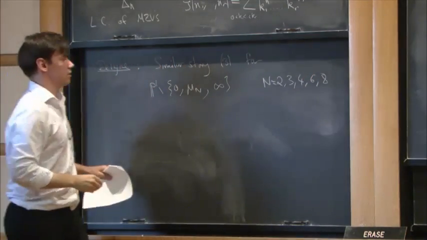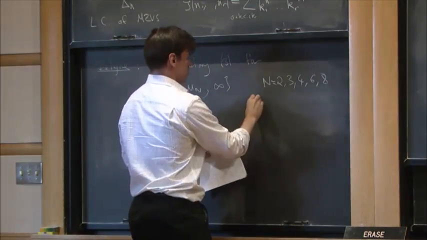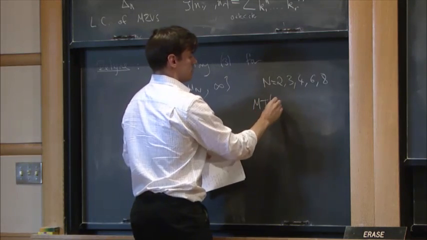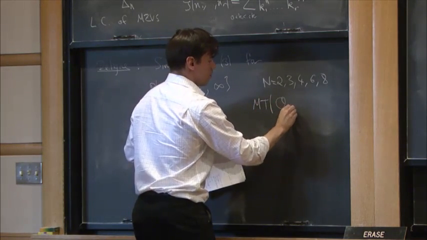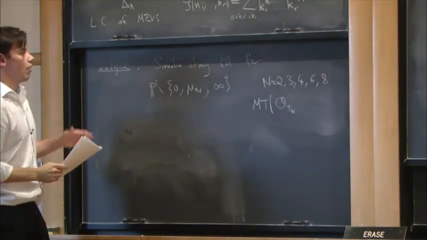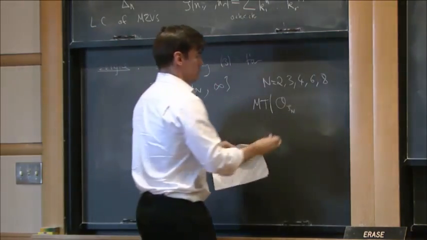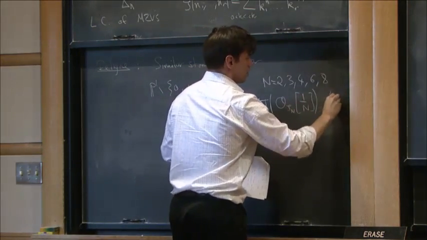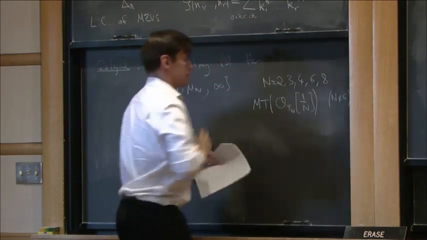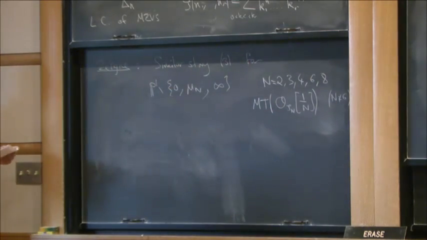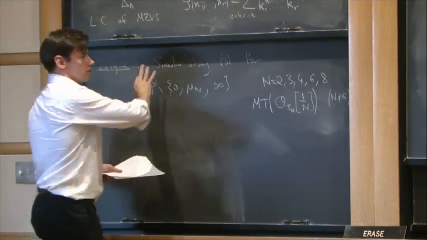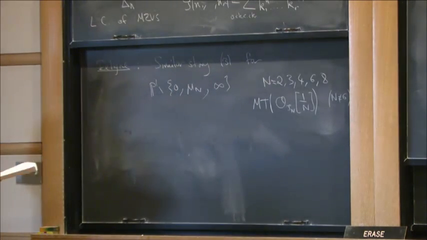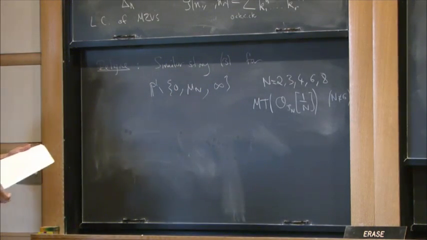And the motivic fundamental group generates the category of mixed Tate motives of the ring of integers of Q adjoined a primitive nth root of unity, inverted n, in the case n not equal to 6. In the case n equals 6, it's something slightly different. So the philosophy works in this case, for sure.